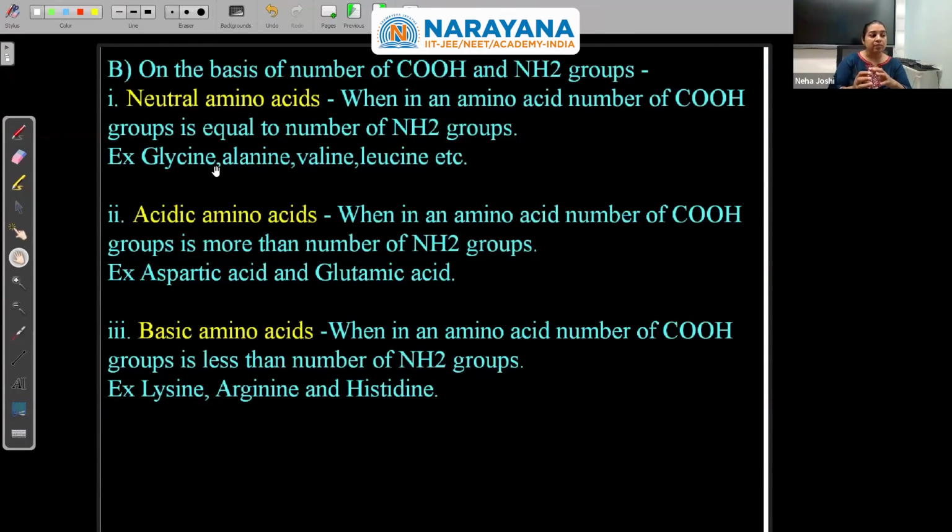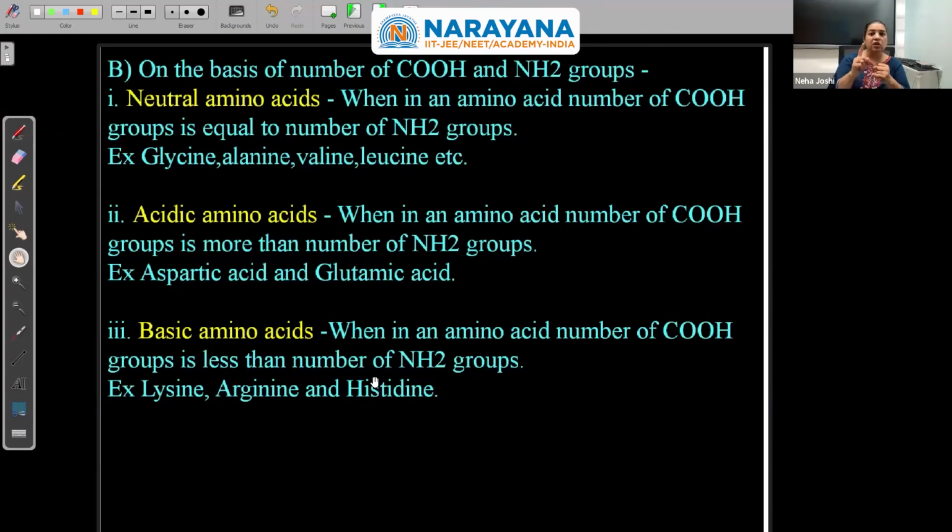Okay, then come the basic amino acids. When in an amino acid the number of COOH groups is less and the number of NH2 groups is more, then it is called basic amino acid. Now, here again, let us revise the names. Better we go for acidic and basic amino acid names, and the rest will all go into the neutral amino acid zone.